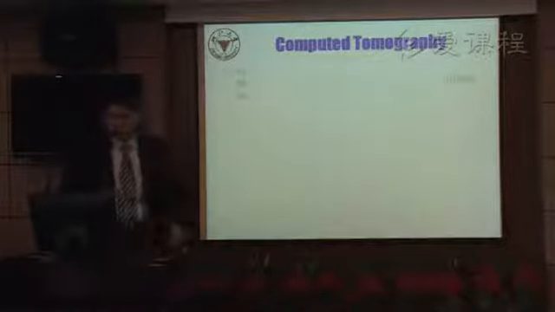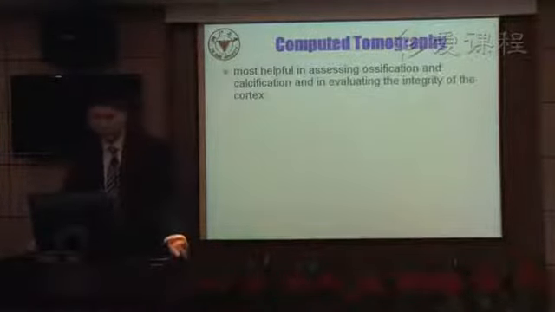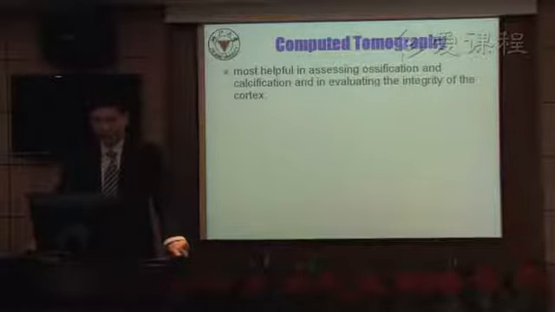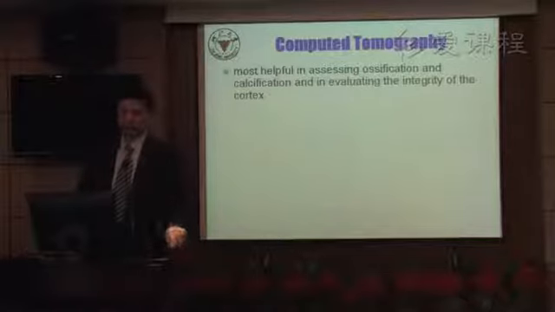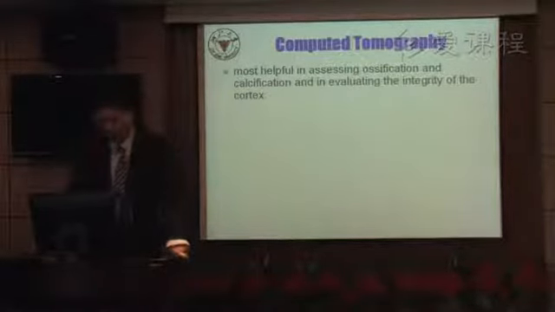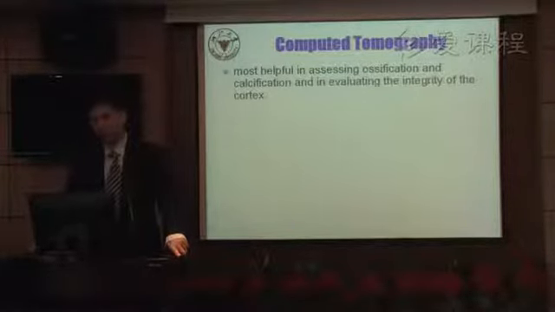And we should know the further diagnosis. We not only need plain X-ray, we need computed tomography. It is most helpful in assessing ossification and calcification and in evaluating the integrity of the cortex.